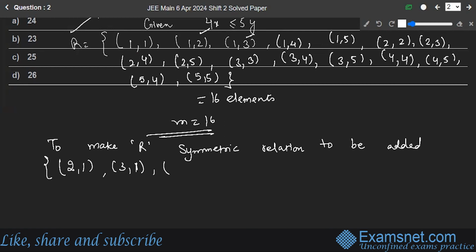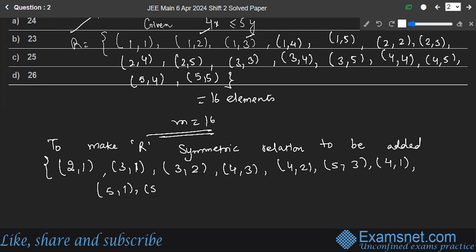Then it will have 3, 2 and 4, 3, 4, 2 also, 5, 3, 4, 1, 5, 1 and 5, 2.